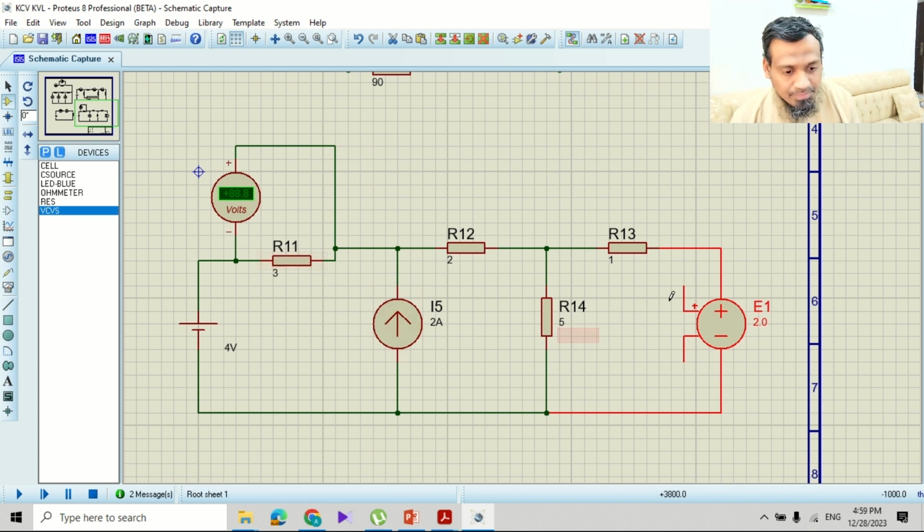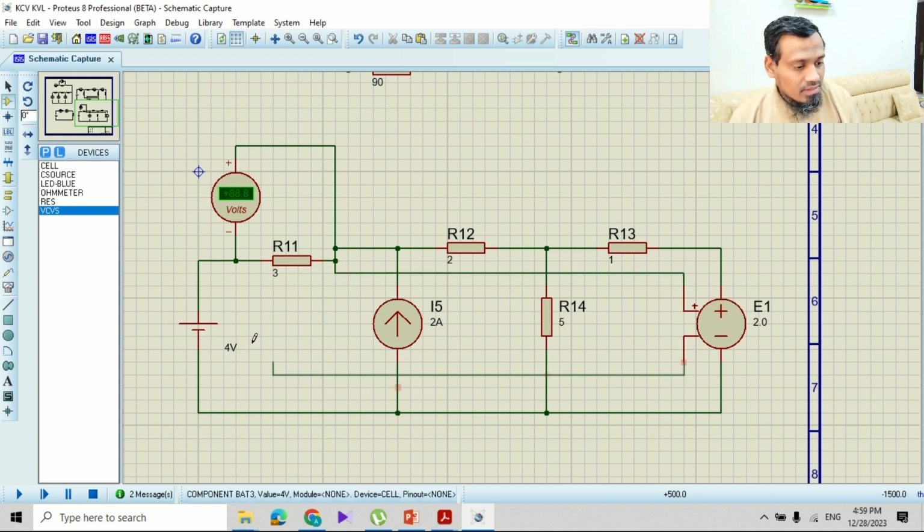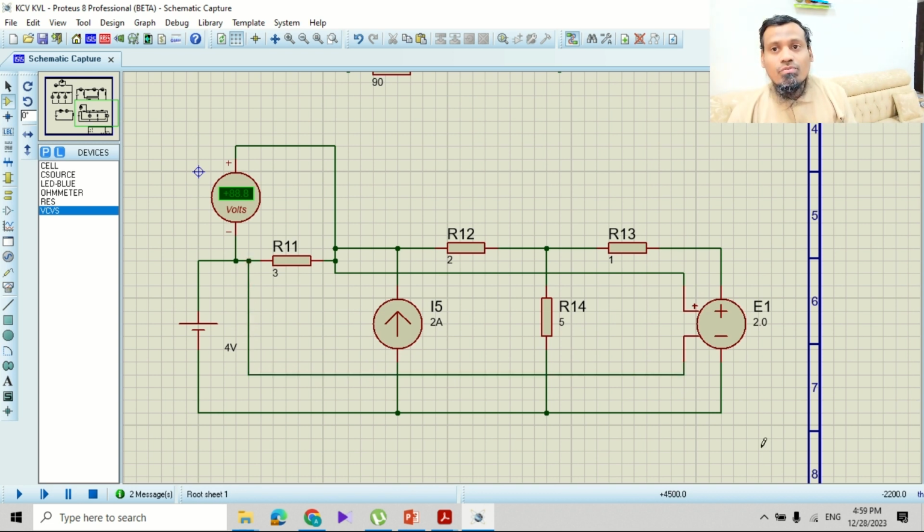Take the plus, connect it with this side, and take the minus, connect it with this side. So now the circuit is fully plotted as given to us, with only one extra thing: we have inserted a voltmeter to read out the voltage across this 3 ohm resistor.